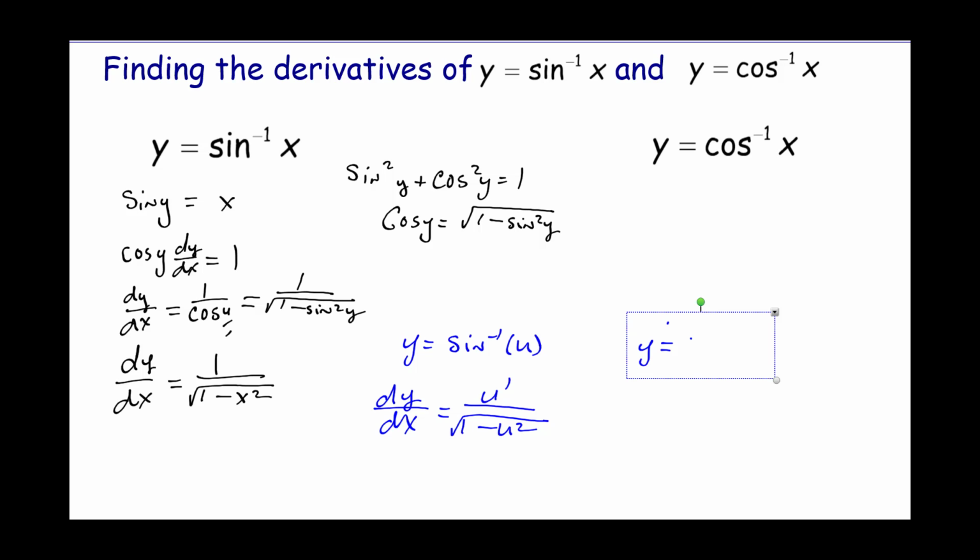If I have the inverse cosine of u, just like before, that means my derivative is equal to negative u prime over the square root of 1 minus u squared. And that's what it looks like.